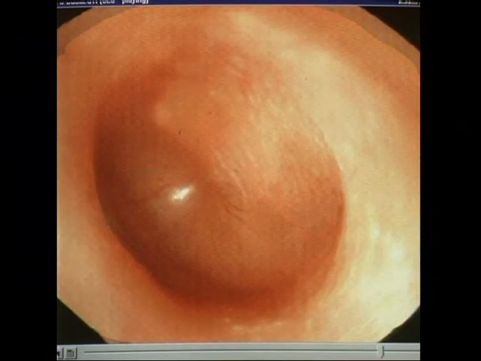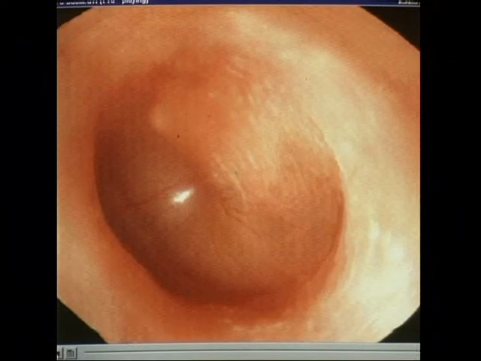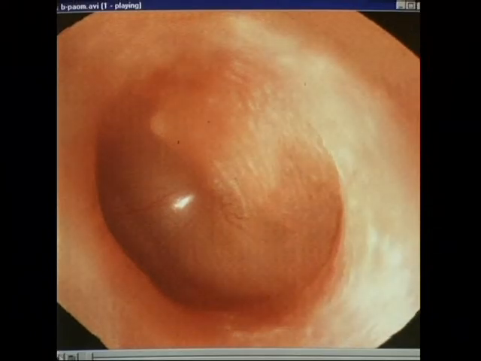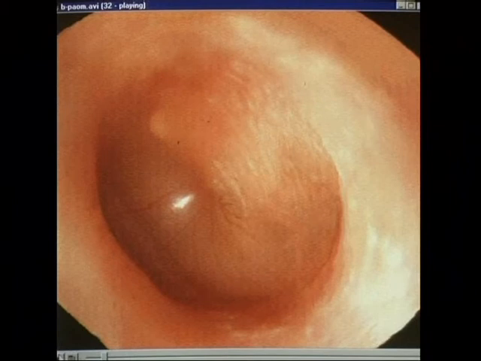As the inflammatory process in the middle ear progresses, the patient becomes increasingly symptomatic, with associated otalgia, pyrexia, hearing loss, restlessness, and toxic constitutional symptoms.